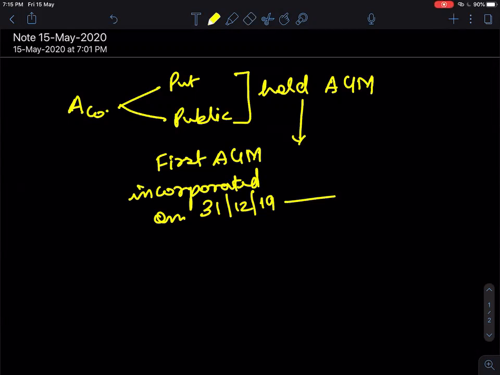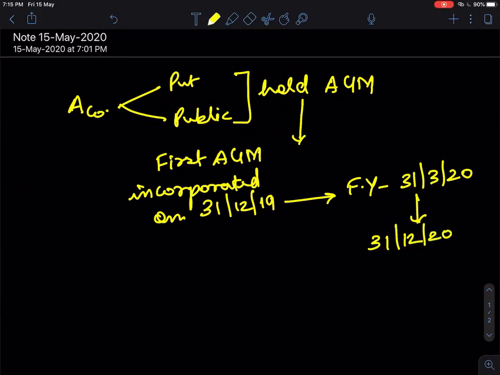So its financial year will close on 31st of March 2020, and hence the due date for the AGM would be 31st of December 2020, which is 9 months from the closing of the financial year. I hope this is clear to you.